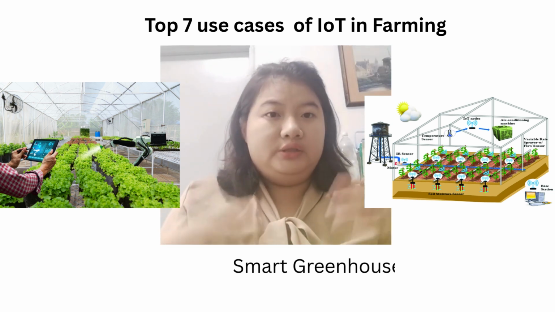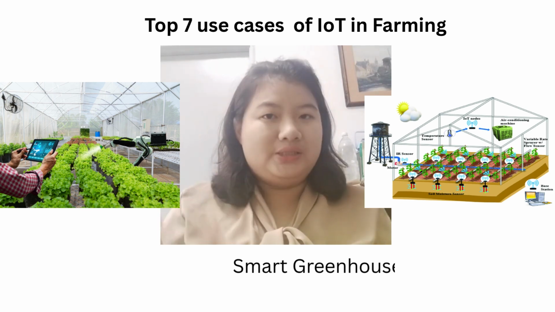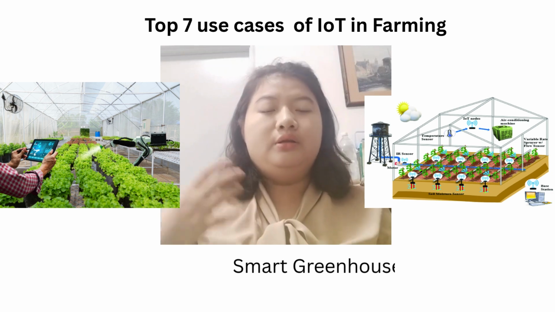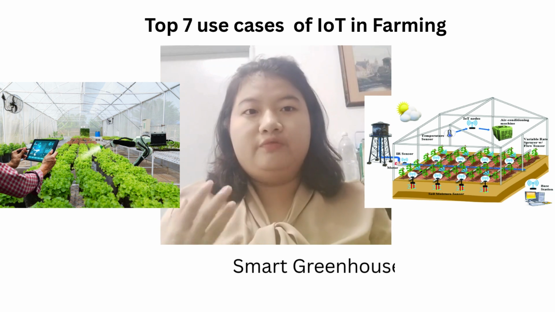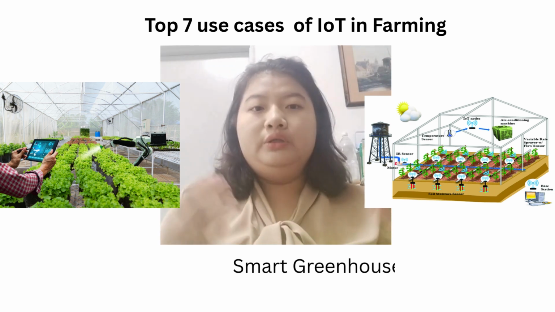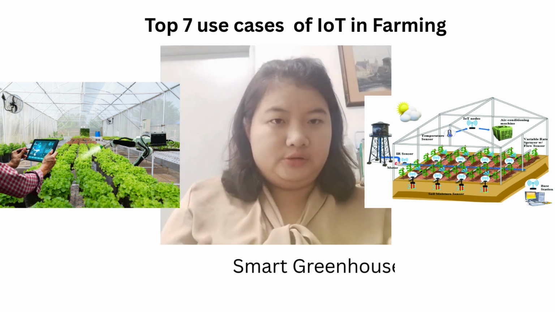So in hot weather, we may need to apply the fans and also the water system. And the light is switched on for plants that need a longer photoperiod. So this is based on the needs in the smart greenhouse.